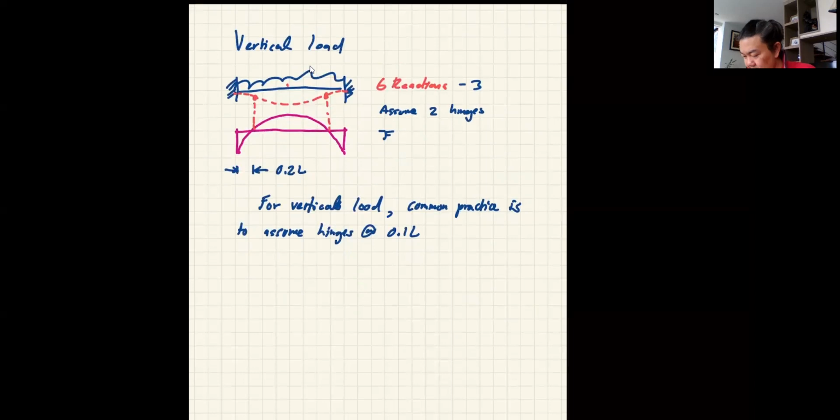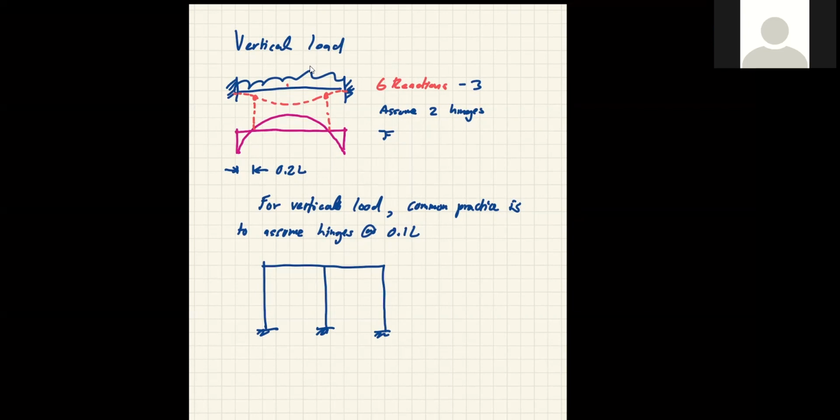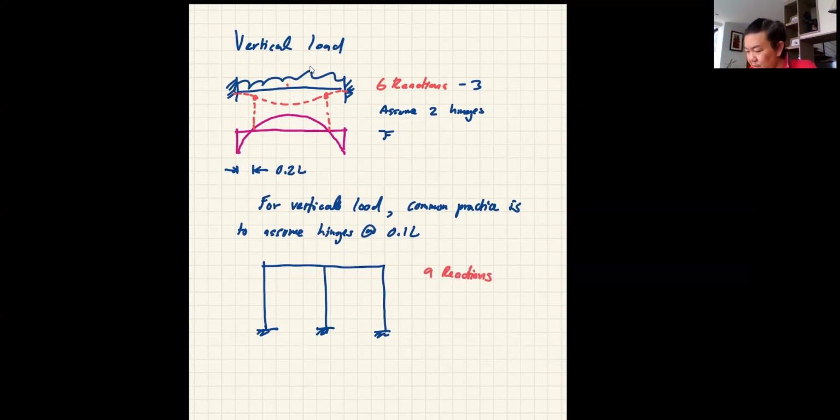Now let's say if we are talking about the vertical load still. Let's say if you face something like this, and if it's only the vertical load, how many reactions do we have here? How many? Yeah, 9. Thank you. So we have 9 reactions. Again, we always have 3 equilibrium equations.